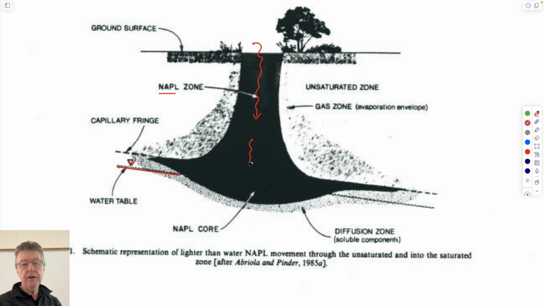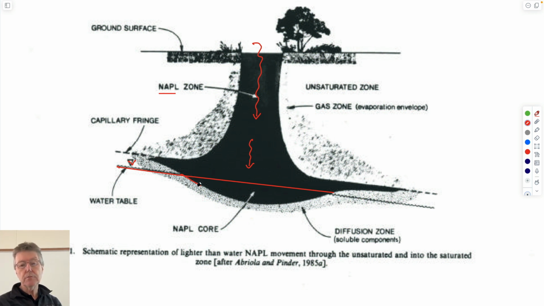So it'll go through the vadose zone until it meets a barrier, and that barrier would be the water table, which originally would look like this. The water table is where it's fully saturated with water in the pore space; above the water table in the vadose zone, it's partially saturated with water and mainly saturated with air.